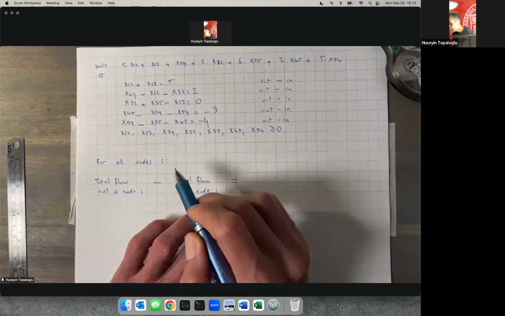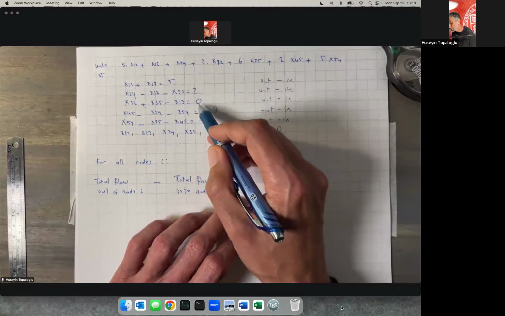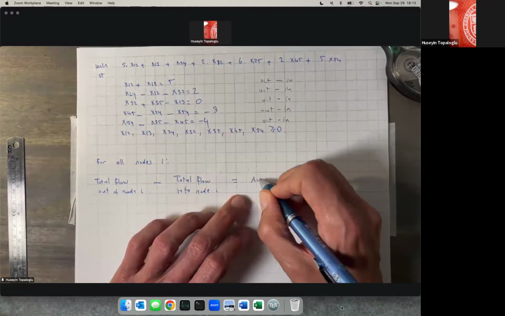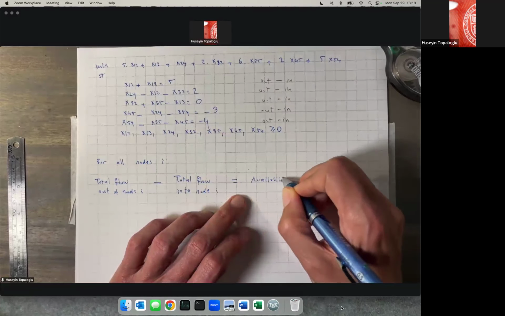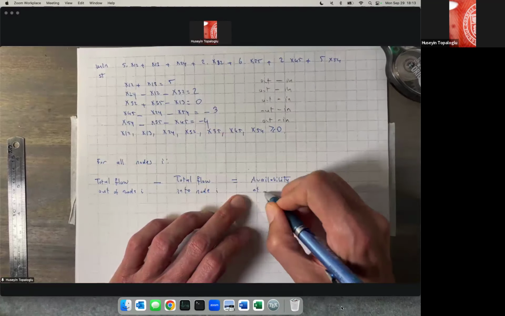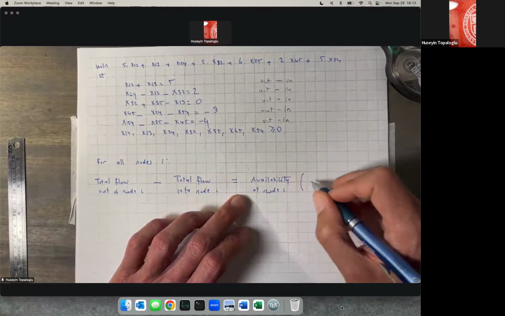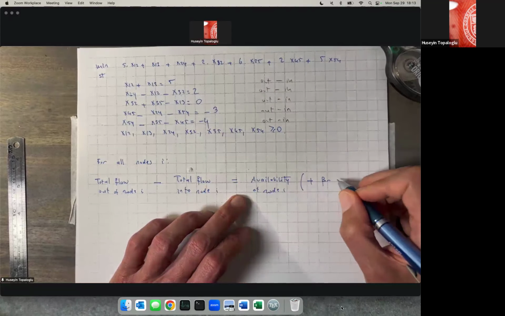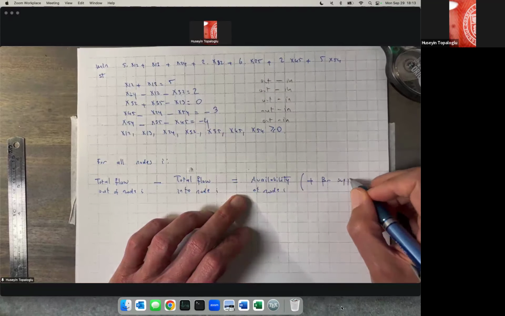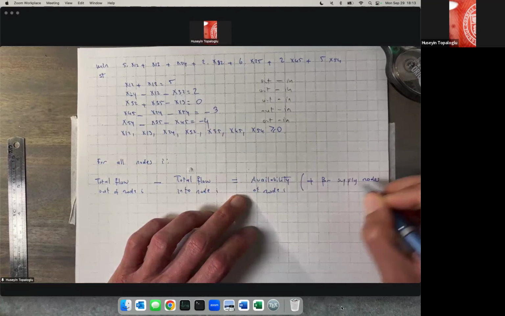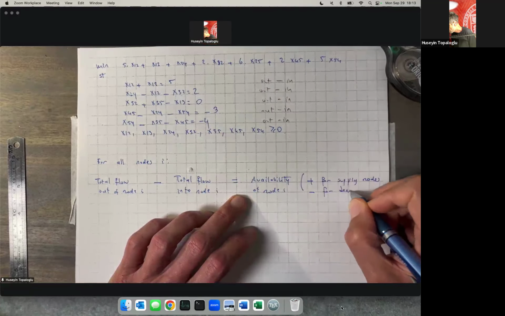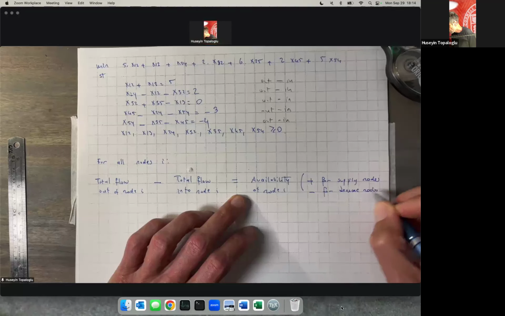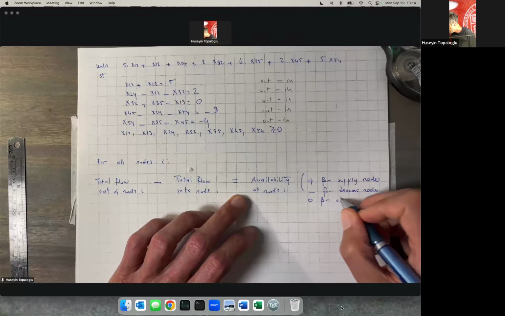For demand nodes, the availability is a negative number. For the intermediate nodes, the availability is 0. Availability is positive for supply nodes, negative for demand nodes, and 0 for others.